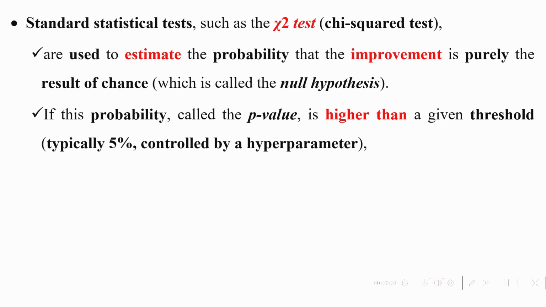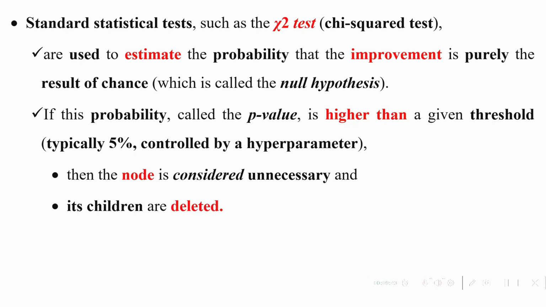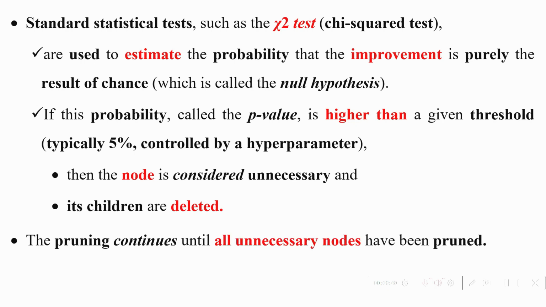If this probability, called the p-value, is higher than a given threshold, typically 5%, controlled by a hyperparameter, then the node is considered unnecessary and its children are deleted. Like that we delete the unnecessary nodes.